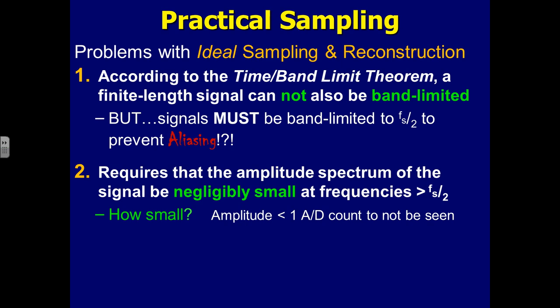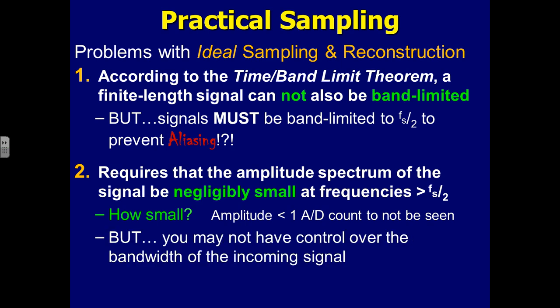So if I can get the amplitude of any signal that's going to alias to be smaller than 1 A to D count, or 1 bit on the A to D converter, then I don't really see it in my digitized signal. Now that could be pretty small, but that would be the ideal case. If I can keep anything that's going to alias to be less than 1 A to D count, I would not notice it in my discrete time signal.